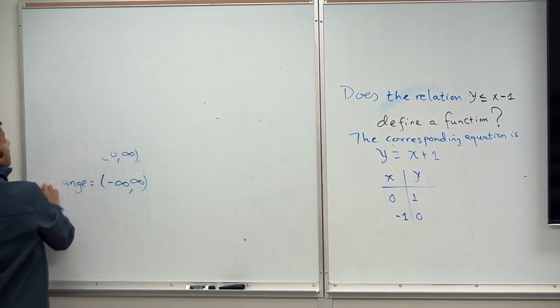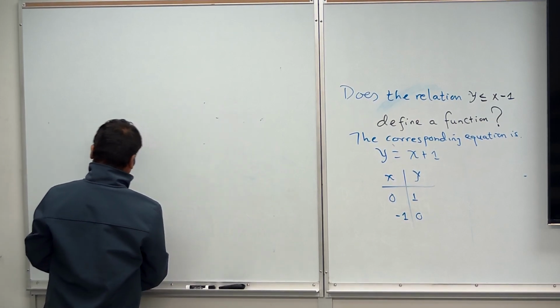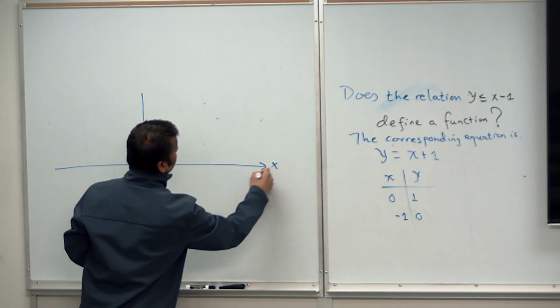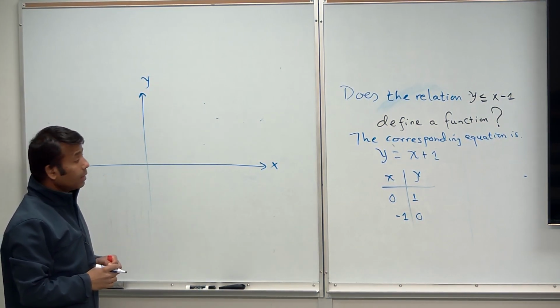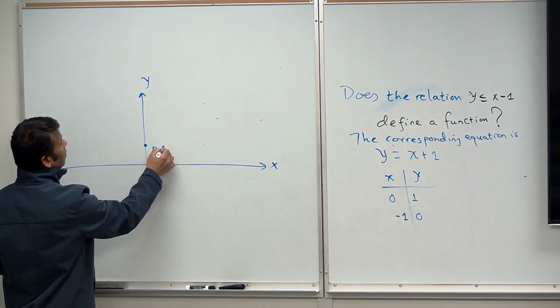So now if I plot them, this is x-axis, this is y-axis, right? So 0, 1 is right here. Let's say this is 0, 1.